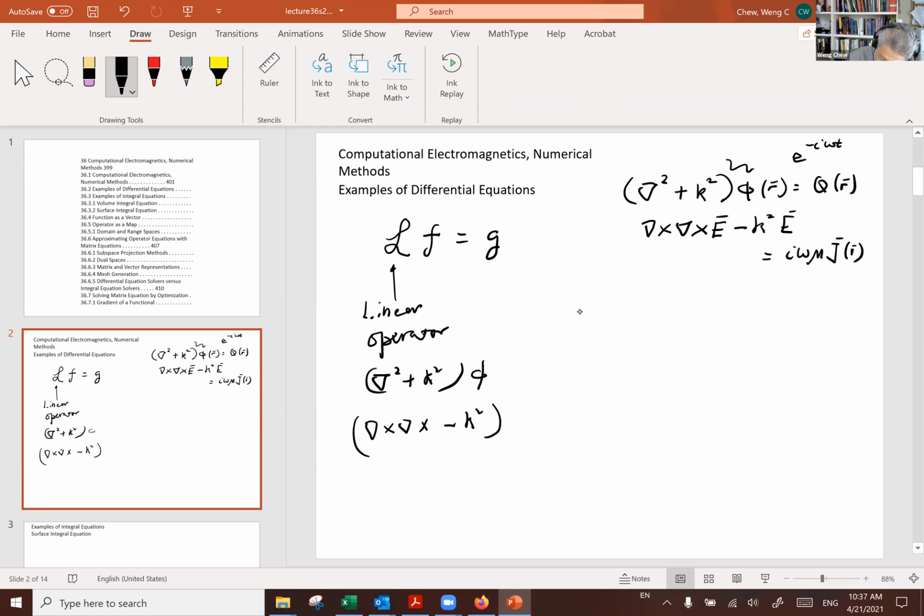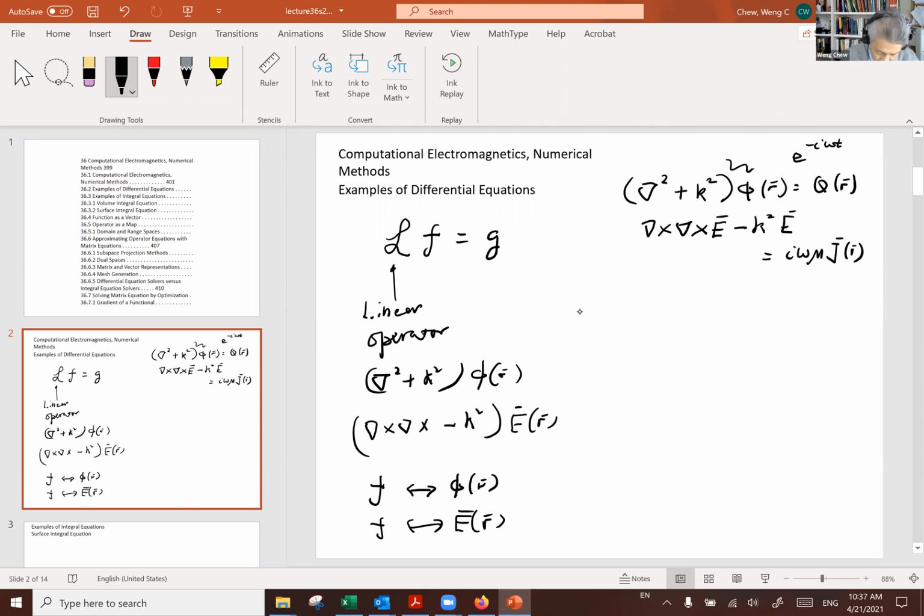Okay. In the first case, that operator operates on the field phi of r. And then the second case, it operates on the vector field E. So my f can represent the scalar wave function phi, or my f can represent the vector wave function E. Okay, those are all the things that we have.